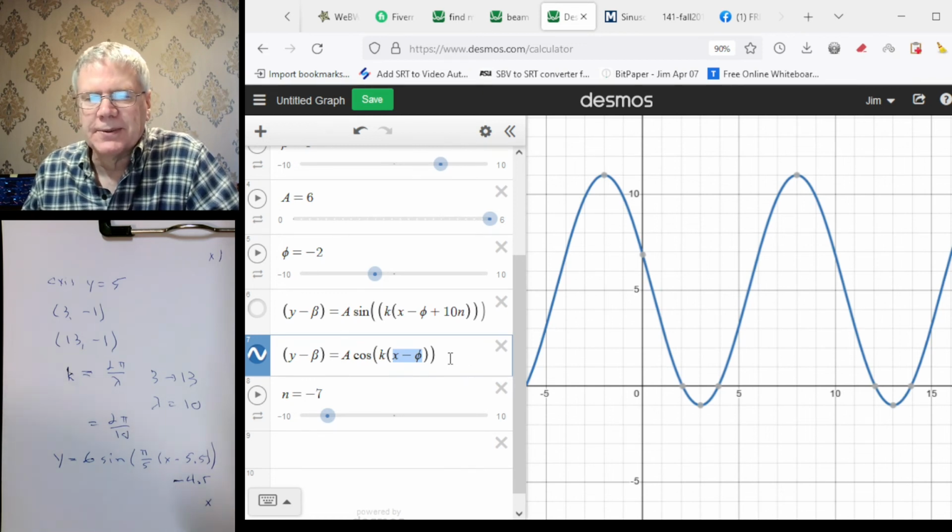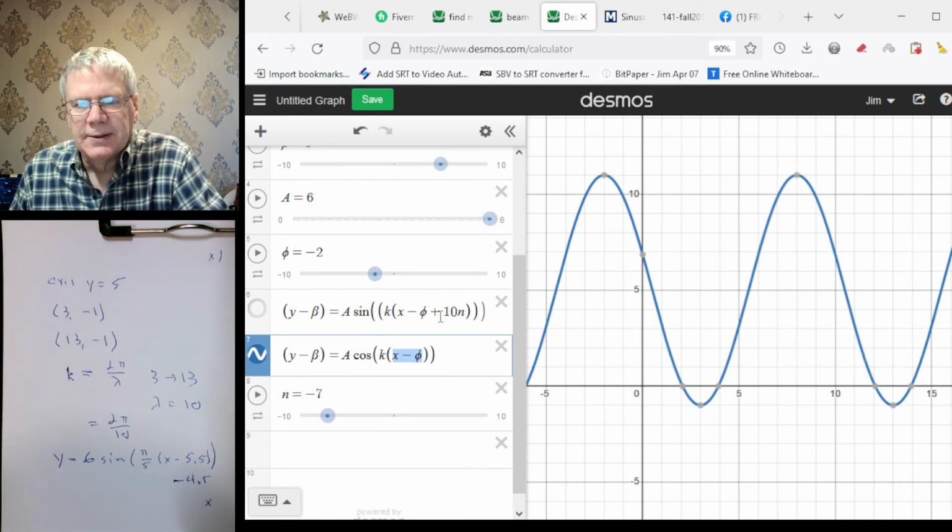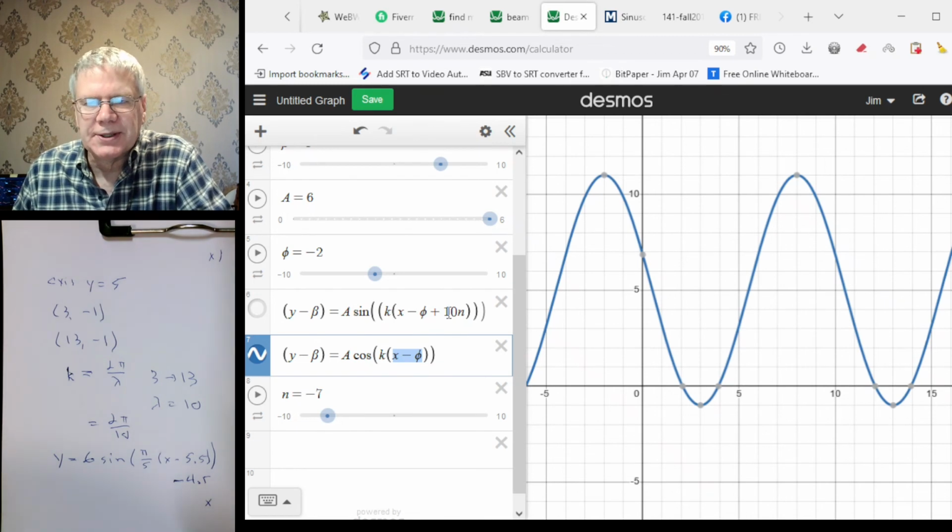Usually it has to be within one of those ranges. But you could answer the question with any multiple of 10 there. We can also answer it with cosines instead of sines. That's just an equivalent function, an equivalent graph, and it gives you the same graph here in Desmos.